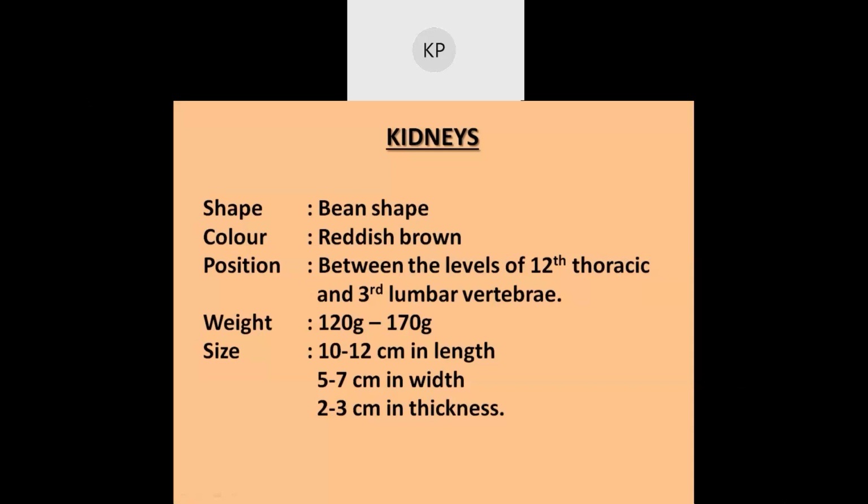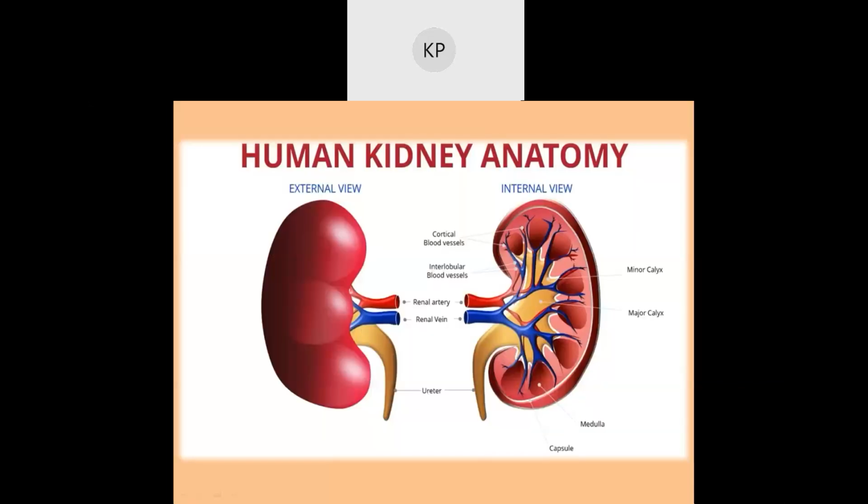Right kidney is slightly lower than the left, because the liver occupies considerable space on the right side, superior to the kidney. The weight is 120 to 140 gram in female and 120 to 170 gram in males. Size is 10 to 12 centimeter in length, 5 to 7 centimeter in width, and 2 to 3 centimeter in thickness. This is a kidney.